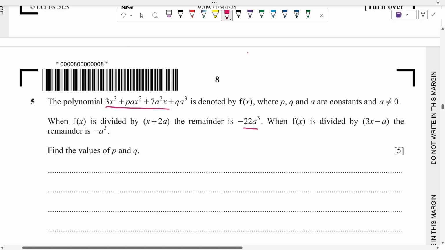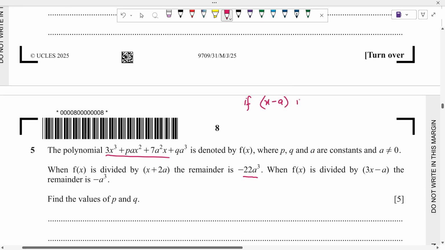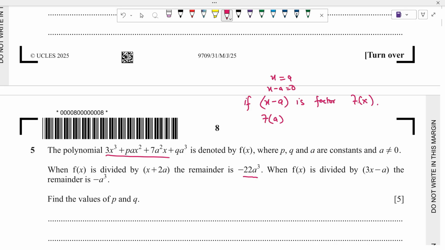First concept: we should know that if x minus a is a factor of f of x, then x minus a equals 0, so x is equal to a. So we plug a in f of x, and f of a is equal to 0 if x minus a is a factor.